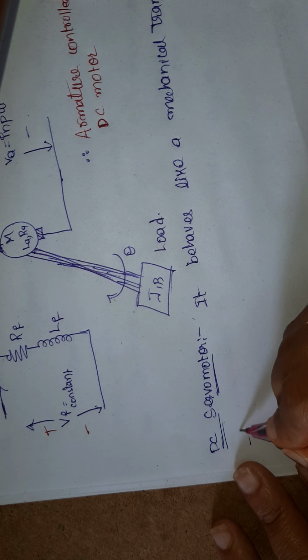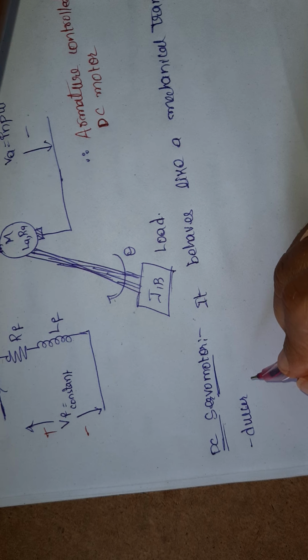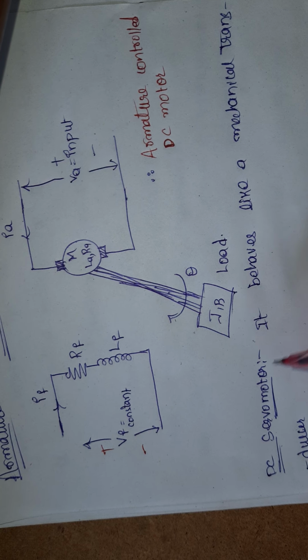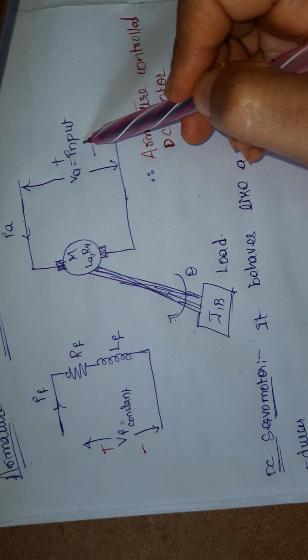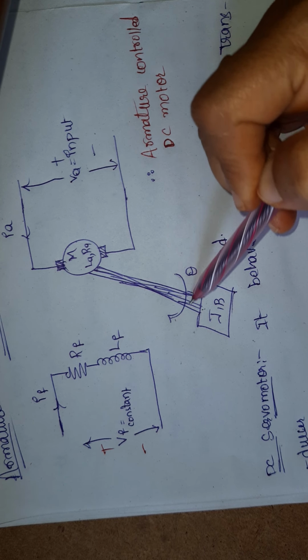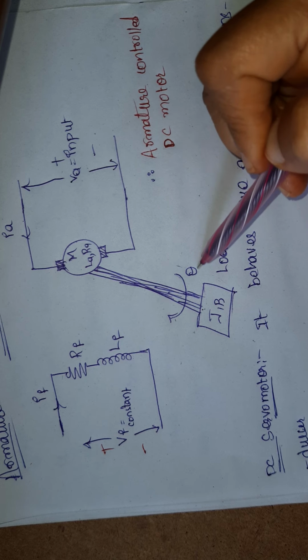Transducer is an element which converts the electrical energy to mechanical energy. So it behaves like a mechanical transducer because I am giving the electrical input, but the output is the mechanical rotational. It is represented by theta.